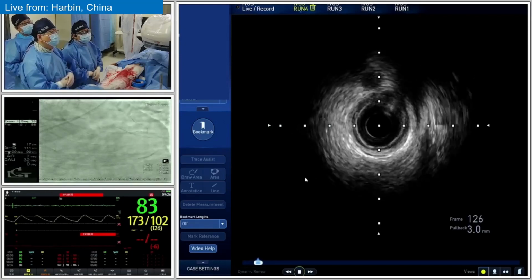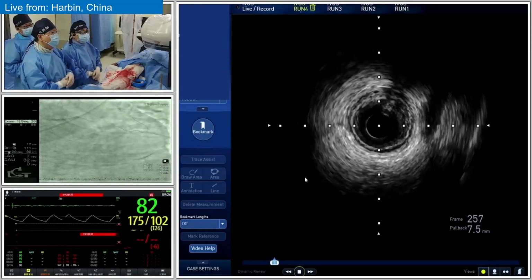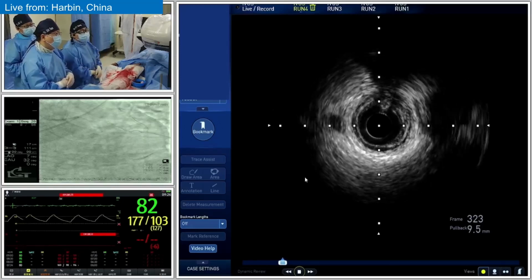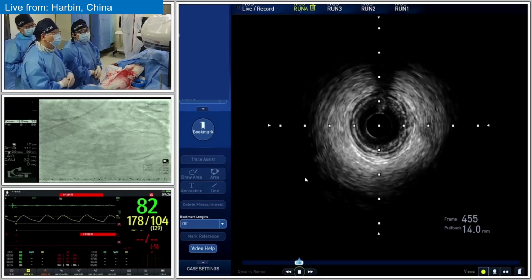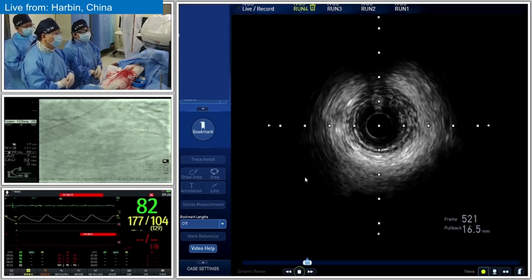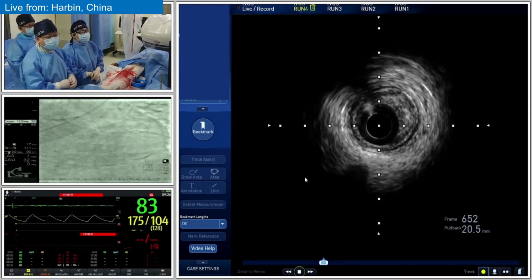Just 2.0. Next, 2.5. 3.4. 2.0 in the distal part. Yes, it's very small.